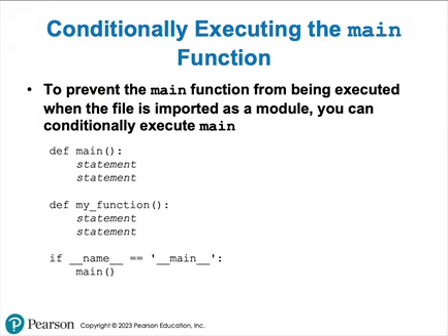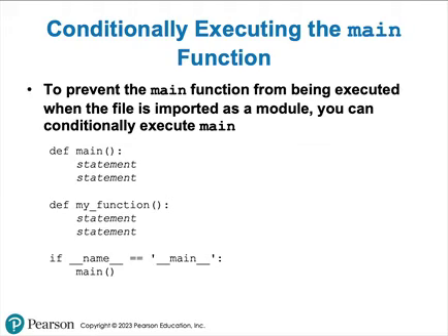So that's the conditional execution of main. Here you would say if name equals equals main, then call the main, for example, to execute the main program from the particular library.